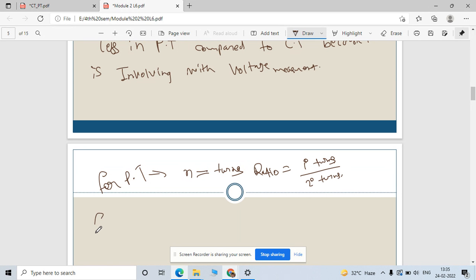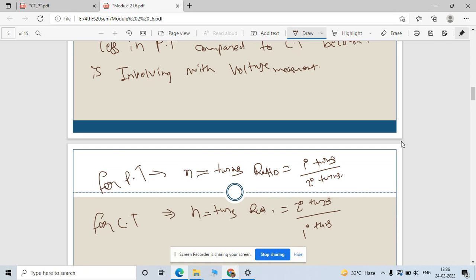And for CT, turns ratio is nothing but your, कितना स्पेस दिया था मैंने लास्ट लेक्चर में, आई थिंक. हाँ, so for CT it is nothing but your secondary turns upon primary turns.